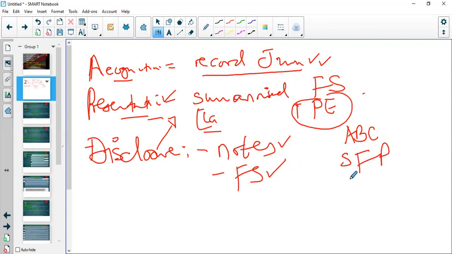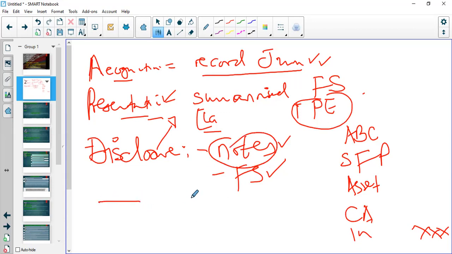You come under assets, then under current assets, then you record your inventory there. Not so, because they haven't told you the disclosure they require. Is it in the notes or the financial statements? Then in the notes as well, you have to disclose your inventory according to the requirements, should there be any disclosure to be made. So the point I'm making here is not specifically about how to disclose inventory, but about the term disclosure.